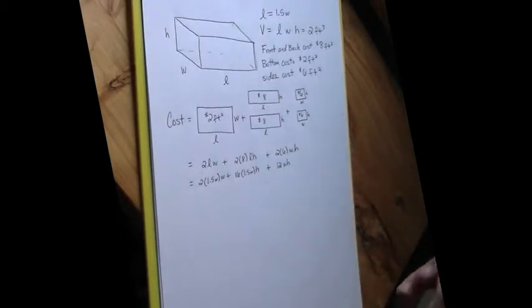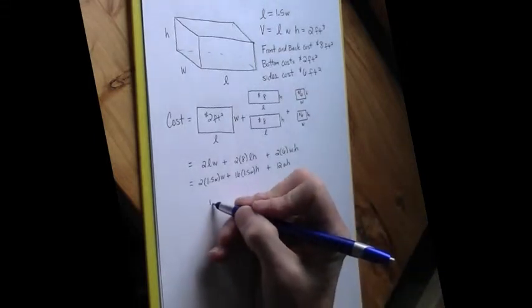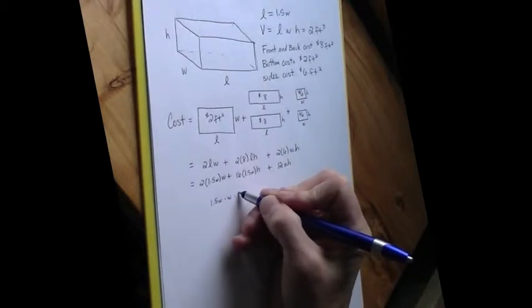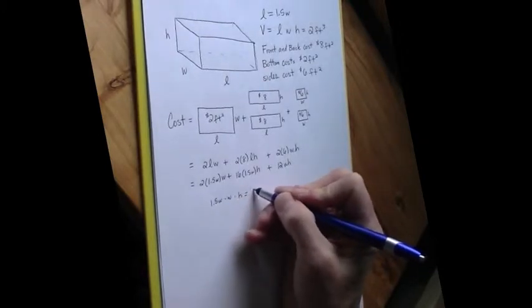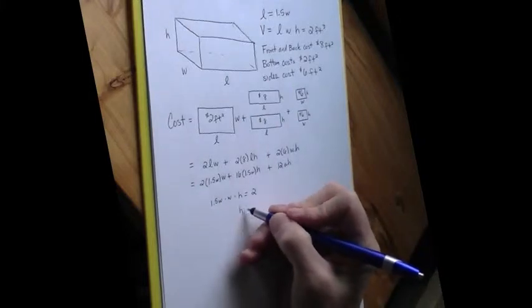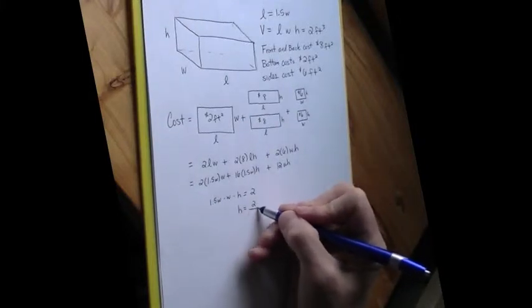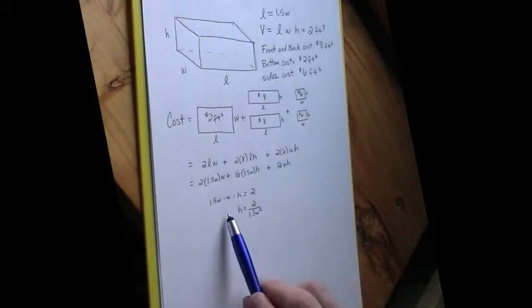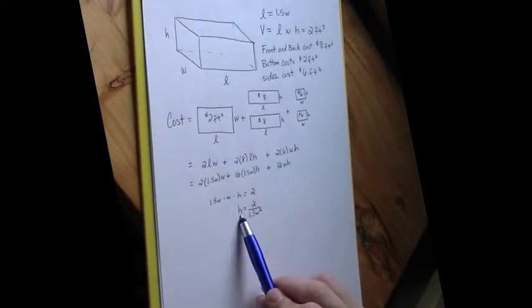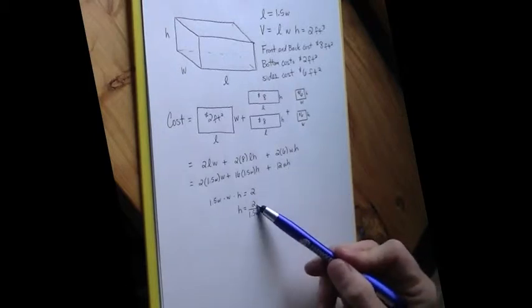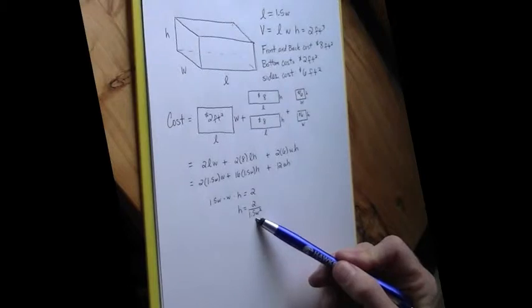And then we know that the length, which is 1.5 times the width, times the height, needs to be 2 cubic feet. So that means that the height needs to be 2 divided by 1.5 width squared. Width times width is width squared. So I divide by 1.5 width squared and I get my height. So where height shows up in my formula, I can replace it with this expression here.